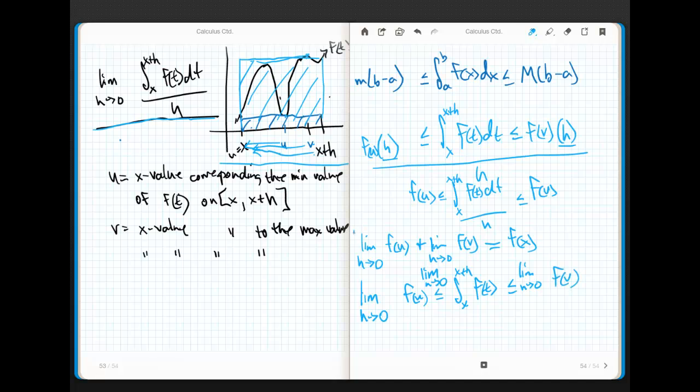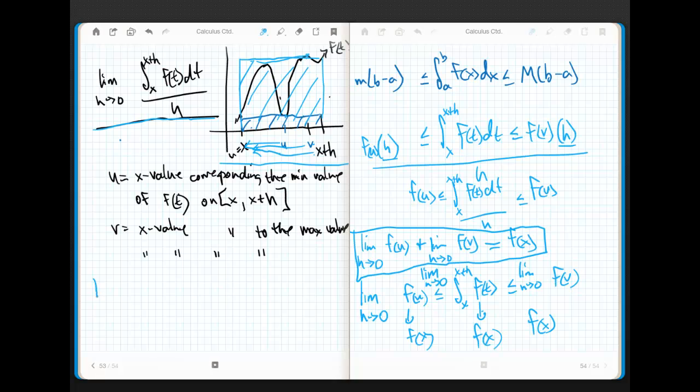Well, we know from this little observation right here that this guy goes to f of x. We know that this guy goes to f of x. Well, remember the squeeze theorem or the sandwich theorem? If both of these guys go to f of x, what must this guy go to? You guessed it, f of x.